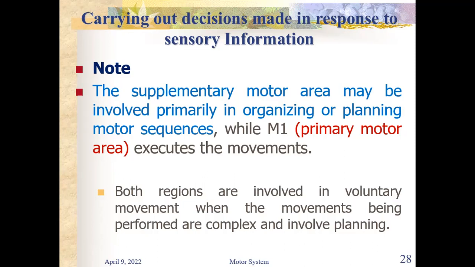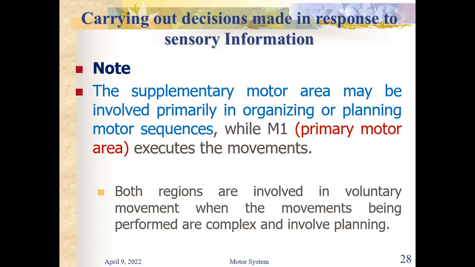In short, all the movements that are executed are complex and they involve planning. It's just that most of these voluntary movements are so automatic that sometimes you don't even think about it before you execute the movement.